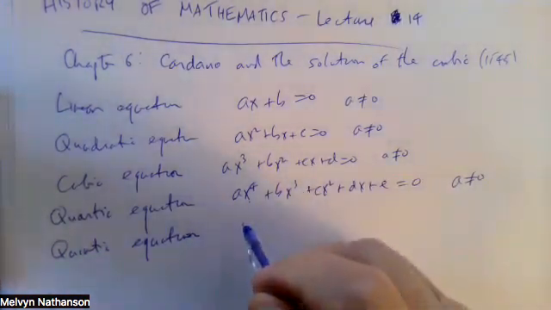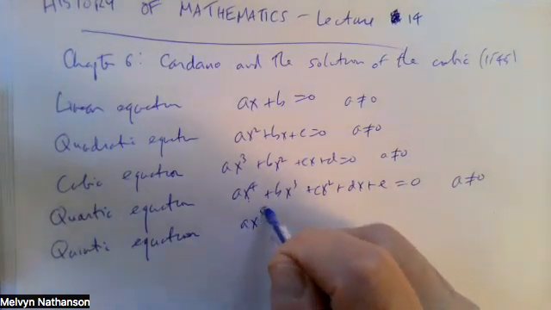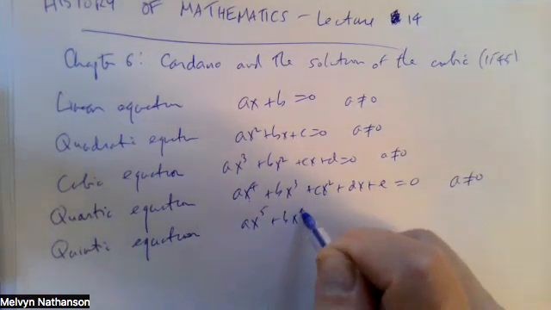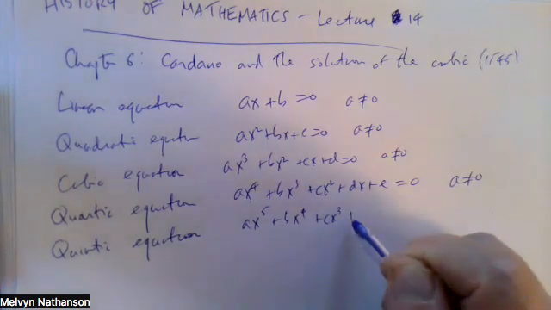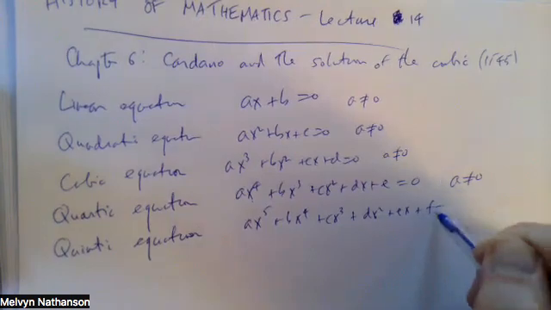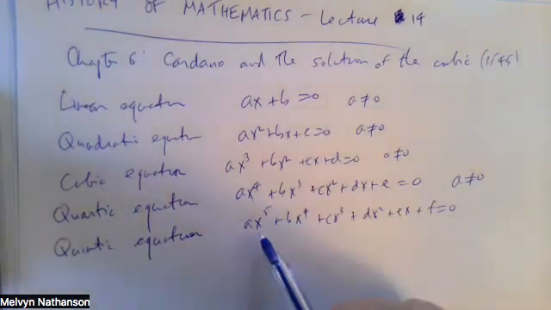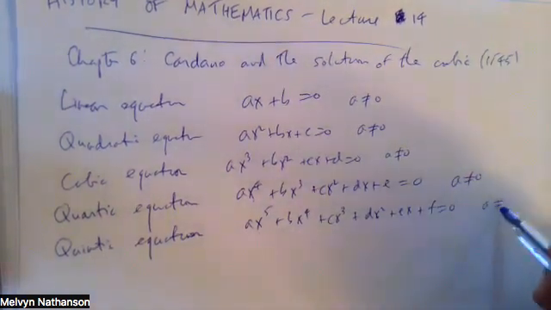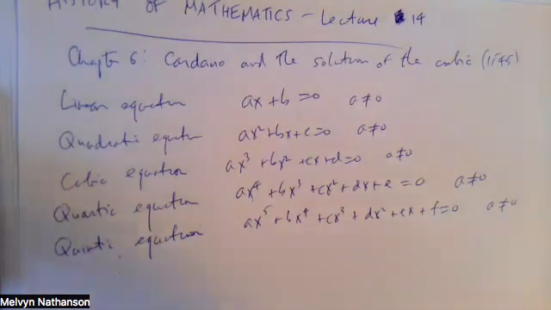So then the leading term has degree 5, ax to the 5th plus bx to the 4th plus cx cubed plus dx squared plus ex plus f equals 0. And again, to say it's quintic means that the leading coefficient is non-zero, and so forth. So for every positive integer n, you have polynomial equations of degree n.